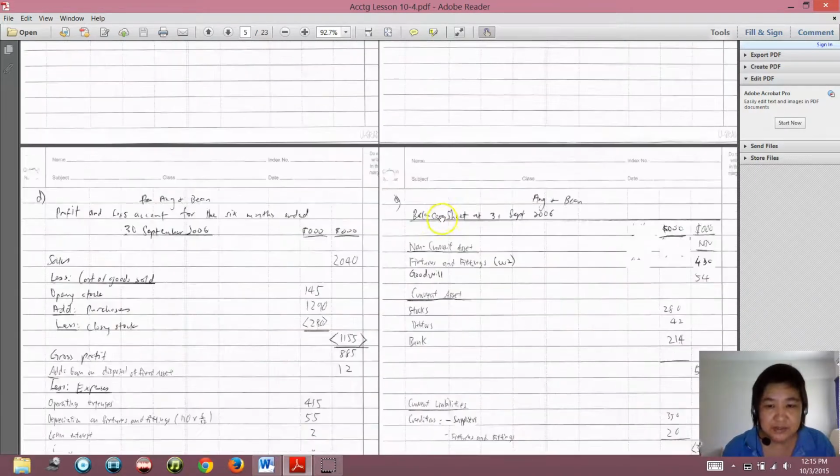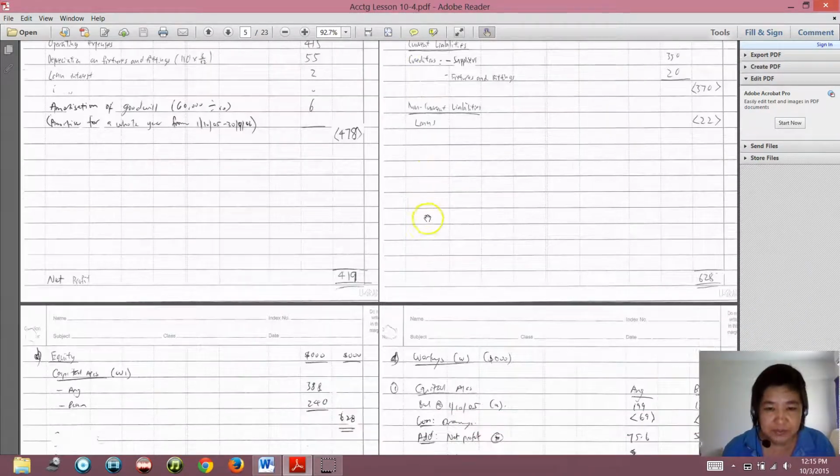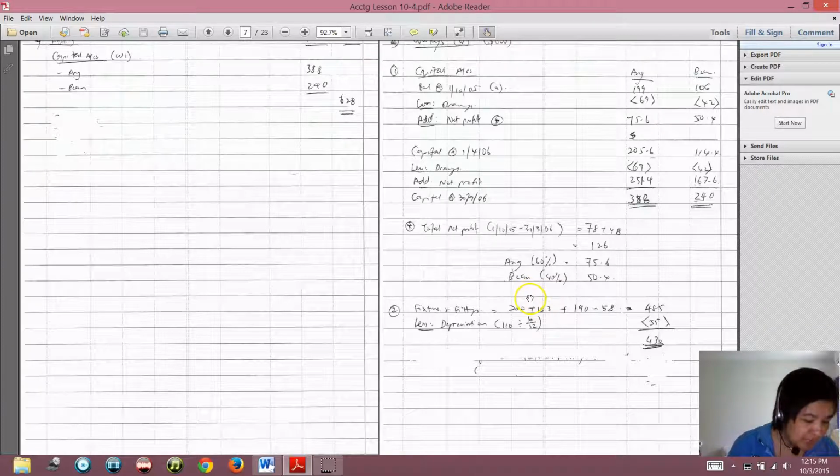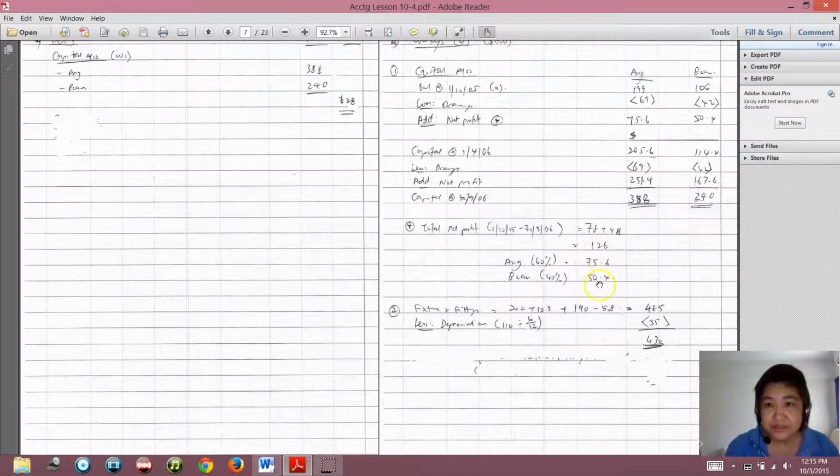So that means now we are supposed to calculate, okay, this is the total profit of the partnership for this 6 months period, and they are supposed to be divided. The partnership started from 1 October 2005. So their partnership sharing ratio, as stated in additional note 4 of the question, profit is to be shared Ang 60%, Bin 40%. So this is supposed to be the share of profit.